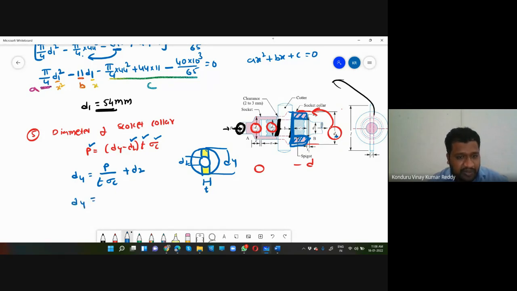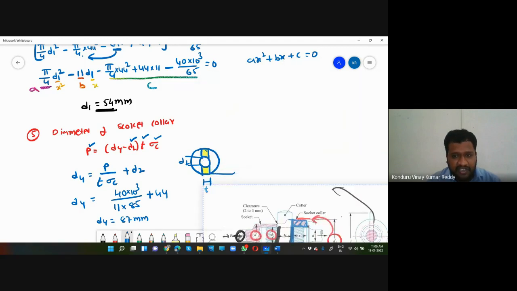That is d4 is equal to p is nothing but 40 into 10 to the power of 3 by t is nothing but 11 into sigma c is nothing but crushing stress is equal to 85 newton per millimeter square plus d2 value is equal to 44. Just calculate this value, you will be getting d4. d4 is equal to 87 millimeters.